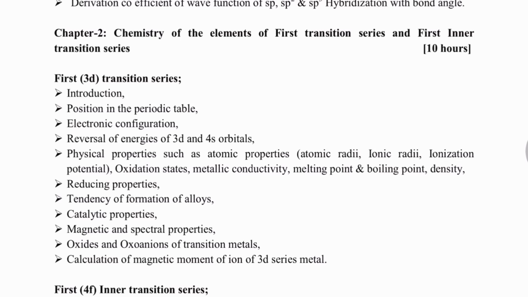Reducing properties, tendency of formation of alloys, alloys that means combination of two metals, catalytic properties, magnetic and spectral properties, oxidases and oxoenzymes of transition metals, calculation of magnetic moments of ions of 3d series metals. This is the 3d transition series.